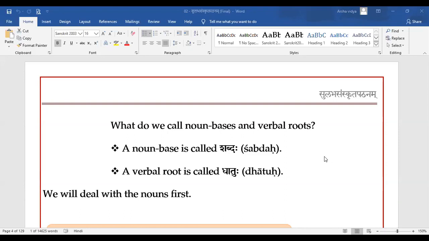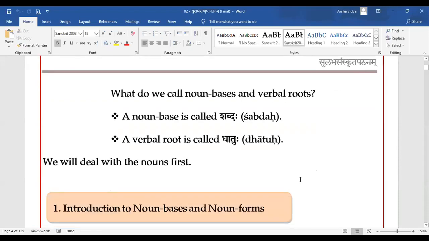So now, among these two, that is noun forms and verbal forms, we are going to deal with noun forms. And noun forms are derived from a shabda. Therefore, we are going to see shabda first. Okay. Shabda is a noun base, a crude noun base. So you can translate the word shabda as word.